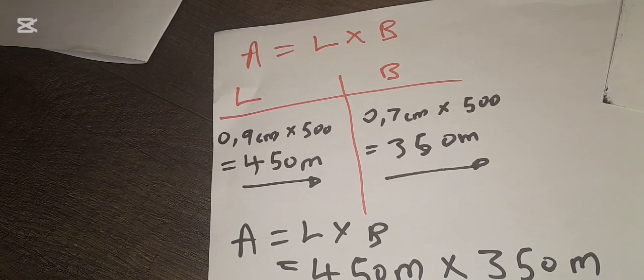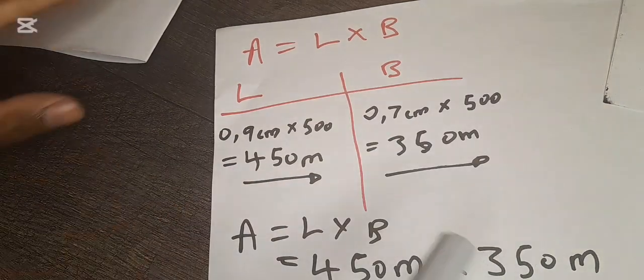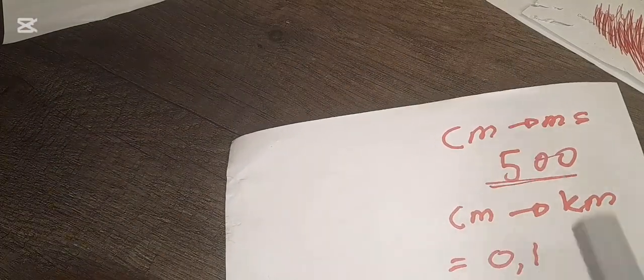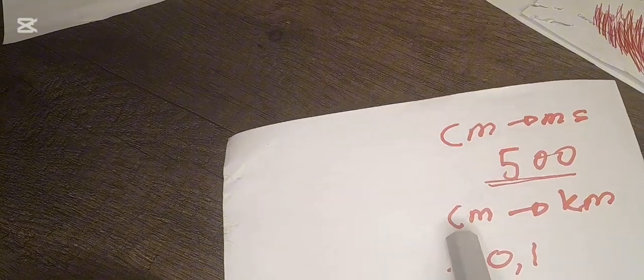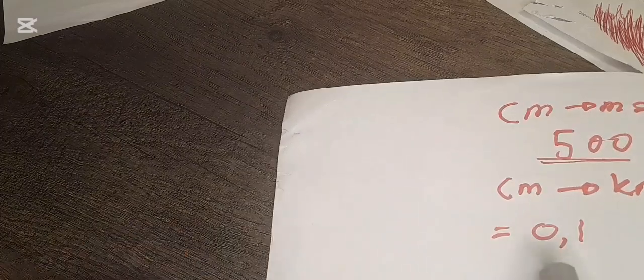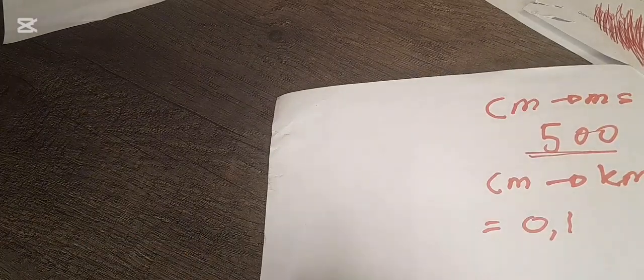Please do not repeat the same mistake of not knowing how much to use. When you are converting from centimeters to meters on a topographical map, how much are you using? 500. And when you are converting centimeters to kilometers on an orthophoto map, you're going to use 0.1. Actually, I made a mistake here. Let's do it like this.